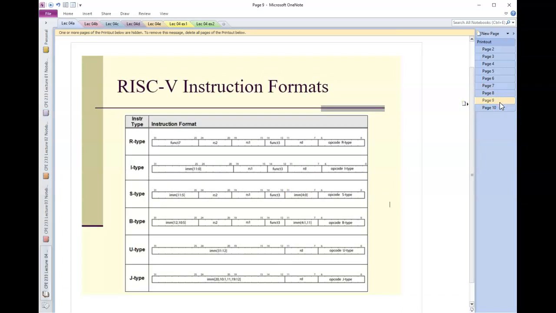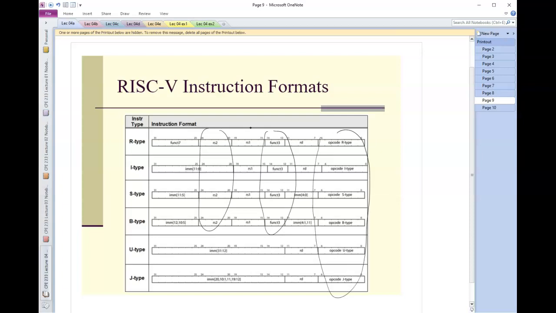There are, once again, I think 7 different instruction types, but we just talk about them as 6. Here are the 6 instruction types. What I want you to take away from this, which is pulled out of one of the manuals, is that these fields are lined up as best they can be, as you can see here.